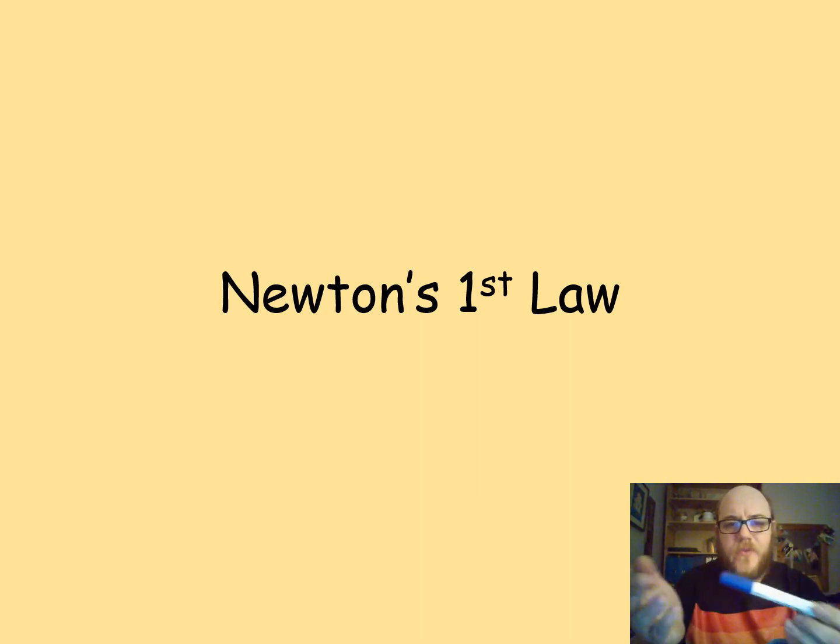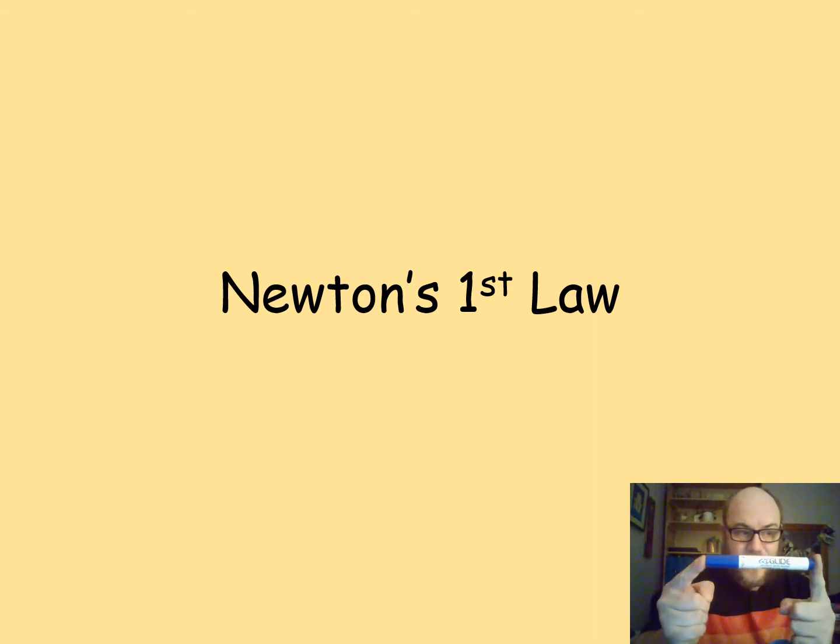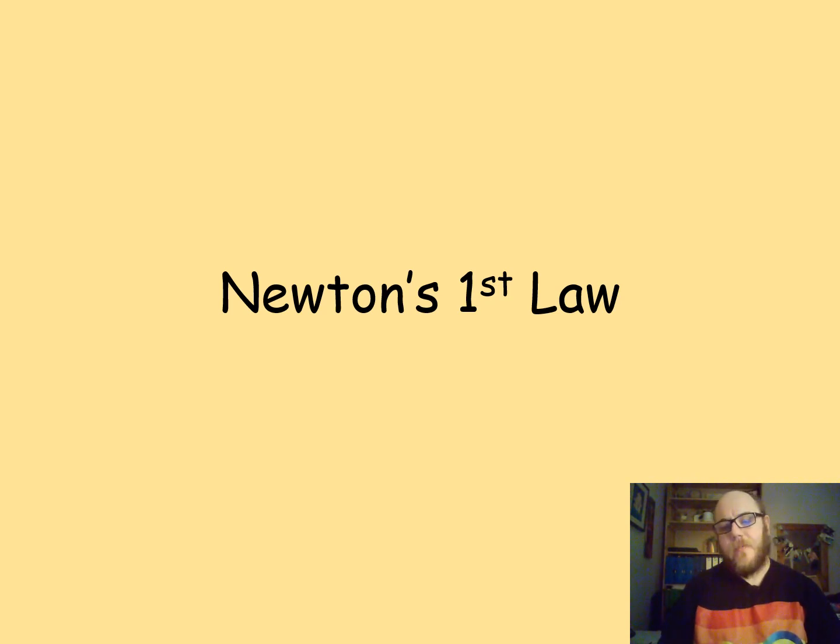Now, Newton's first law comes in 2 parts, and the first part is easy to remember. An object at rest stays at rest. If it's not going anywhere, it's never going to go anywhere unless you give it an extra force. But the second part is a little bit more confusing, but it's essentially the same thing.